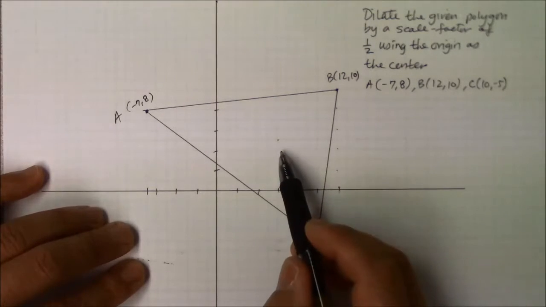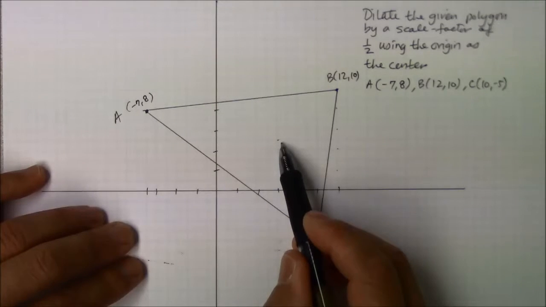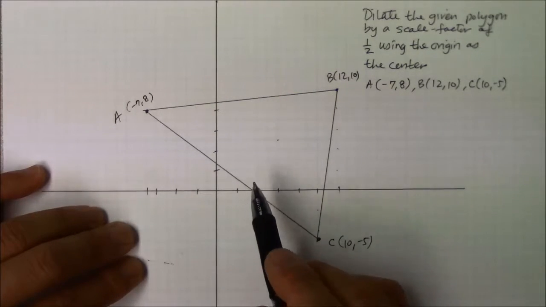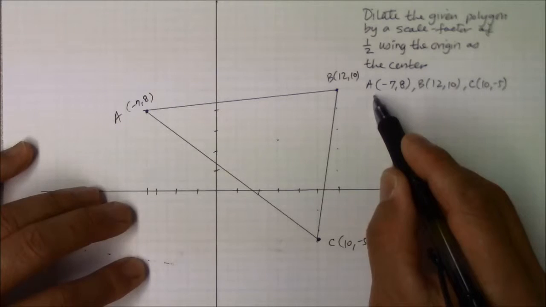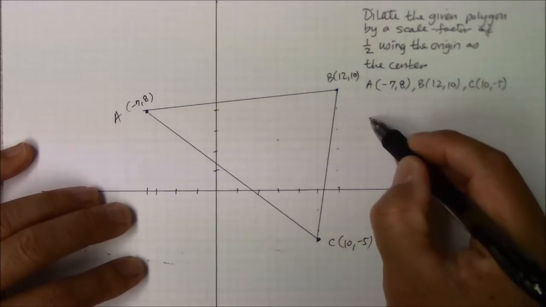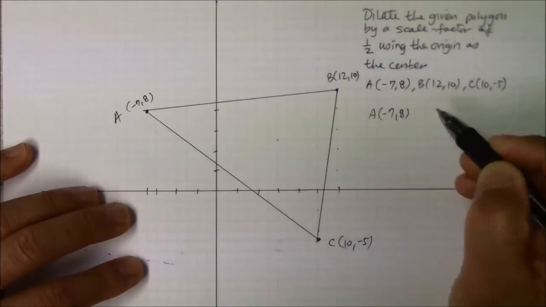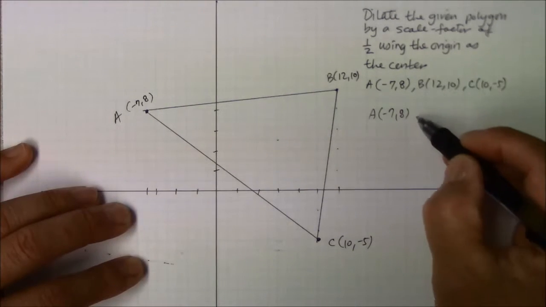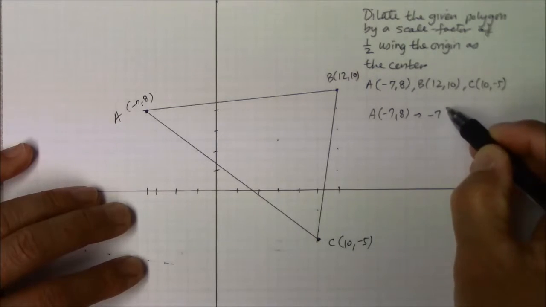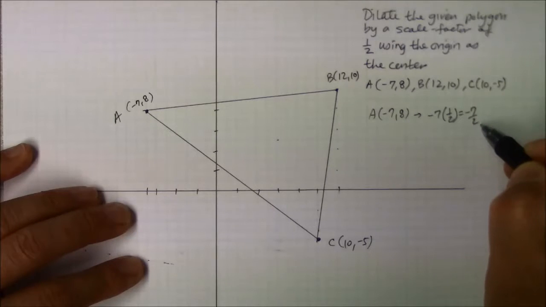But that's graphically. What we want to do is find the actual coordinate that's half the distance. We're going to do it analytically. So we're going to take each of those coordinates for the value x and y, and take half of that. For example, here's the coordinate A at -7 and 8. We take the x value -7 and take half of that. Therefore, it becomes -7/2. That's going to be -3.5.